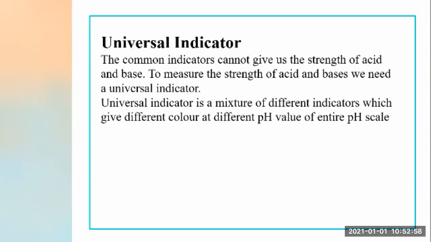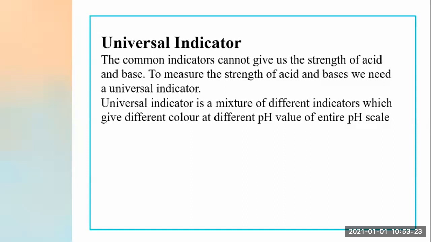To measure the strength of acids and bases, we need a universal indicator. A universal indicator is a mixture of different indicators which gives different colors at different pH values of the entire pH scale.